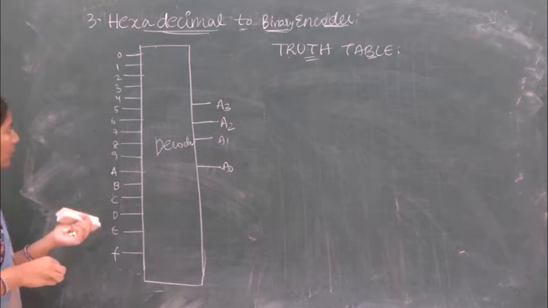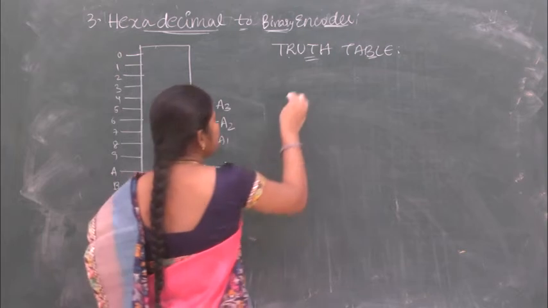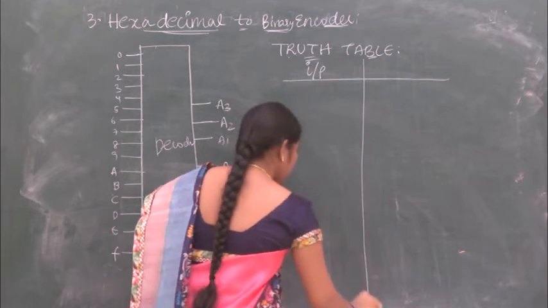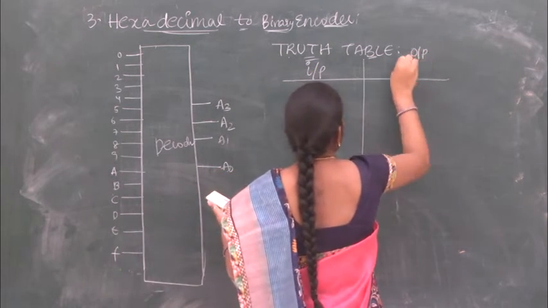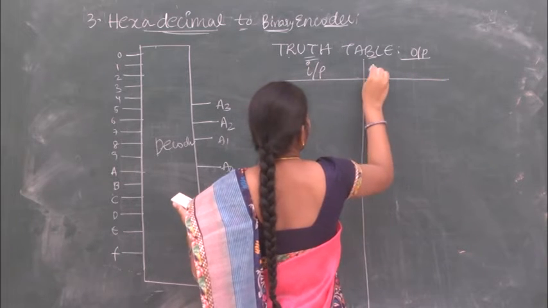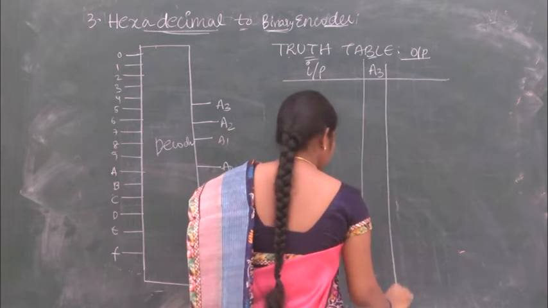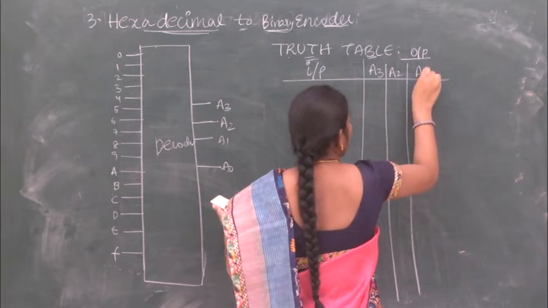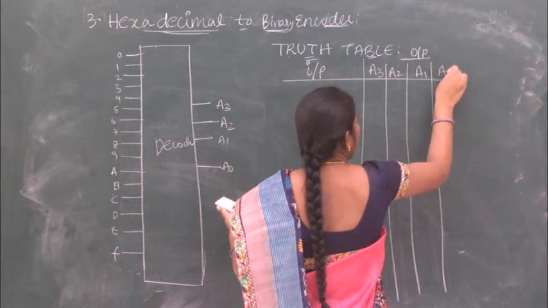The truth table always gives the relation between inputs and corresponding outputs. Here outputs are what? A3, A2, A1 and A0.